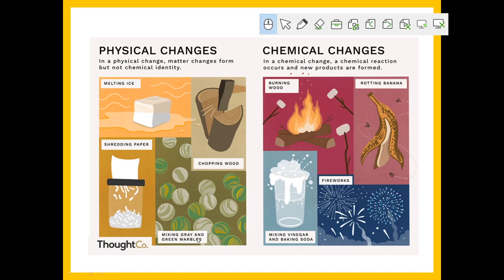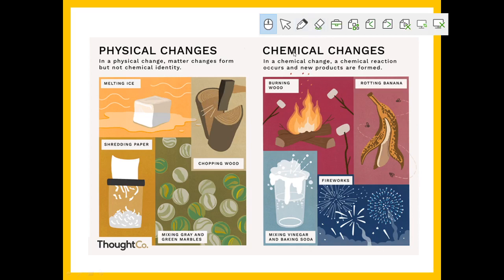Here we are mixing gray and green marbles. We have gray marbles and green. We mix them together. Chopping wood into two halves. We change the shape and the size too.